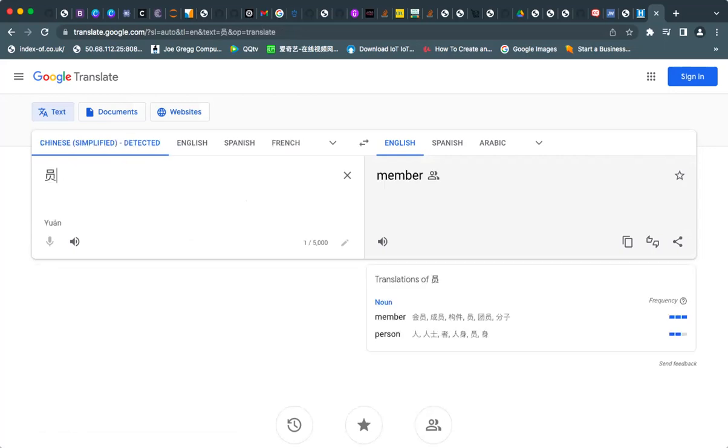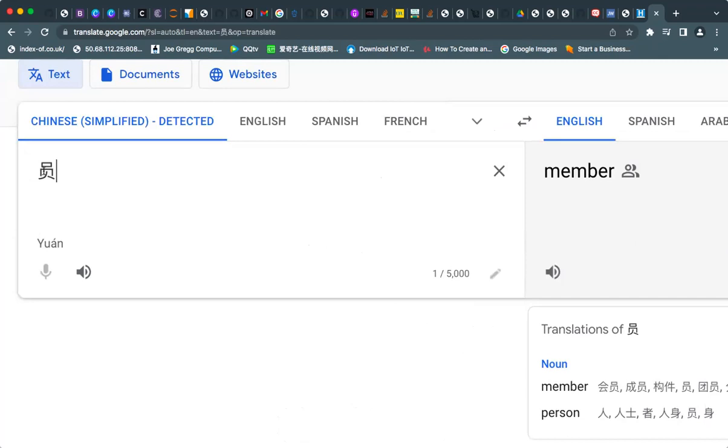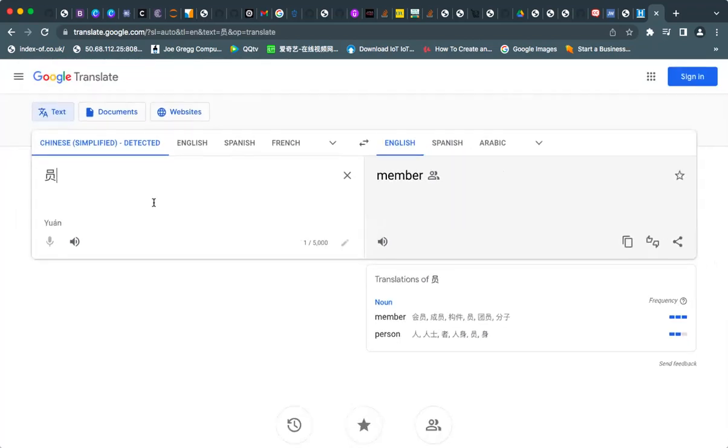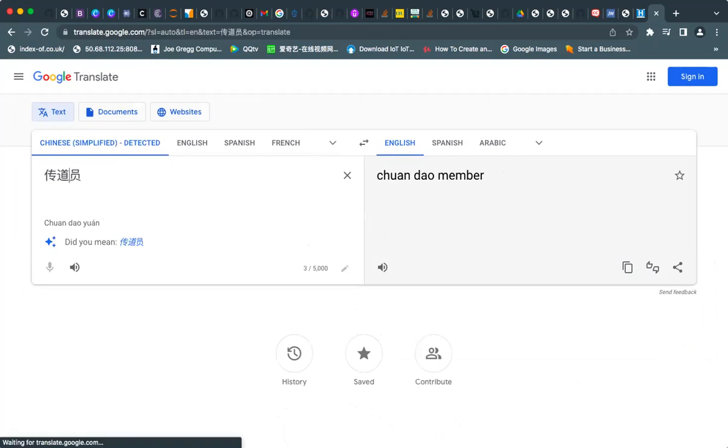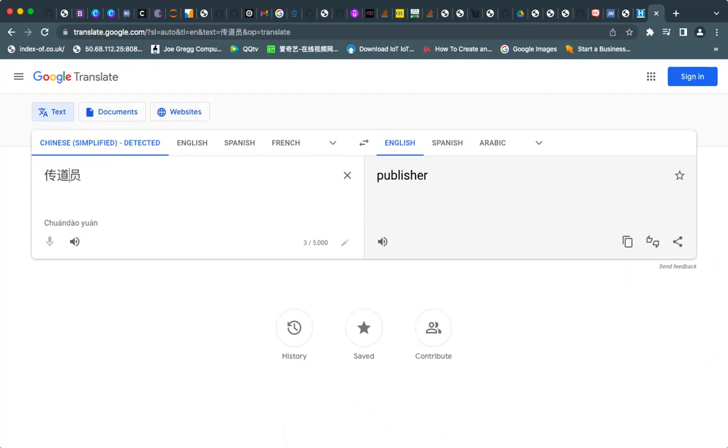Yeah, this one is the one we're after. It looks like a person too. Look at this little head and some hands. That's cute. So 传道, now if we add the word for preaching, 传道员, publisher.